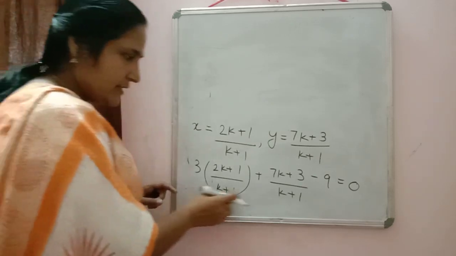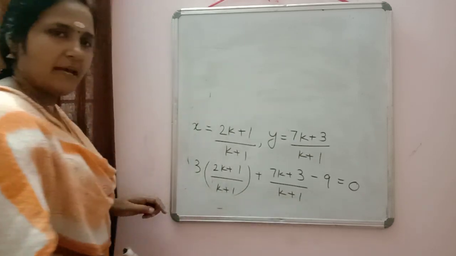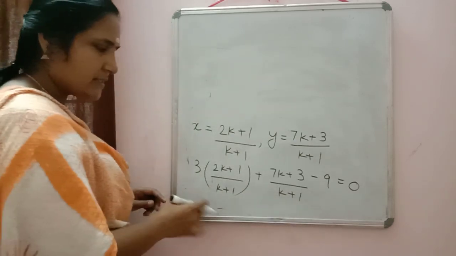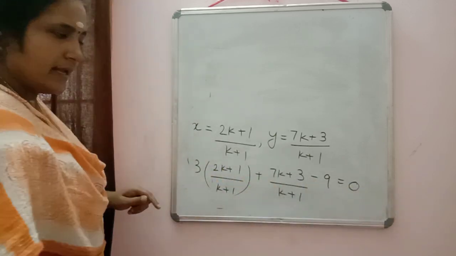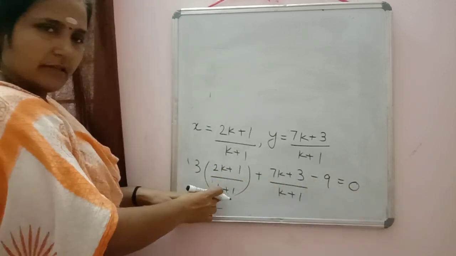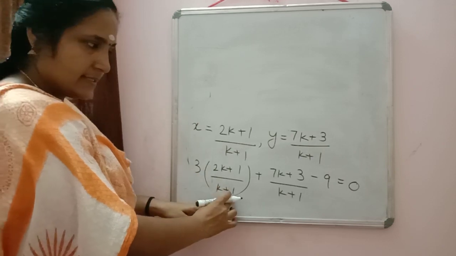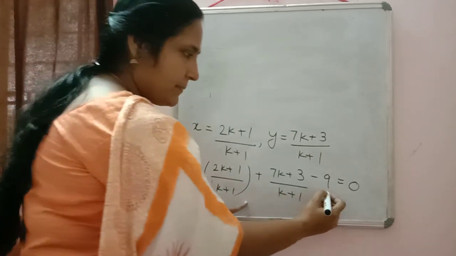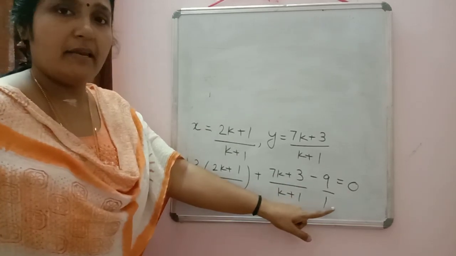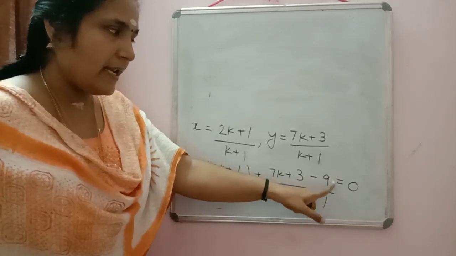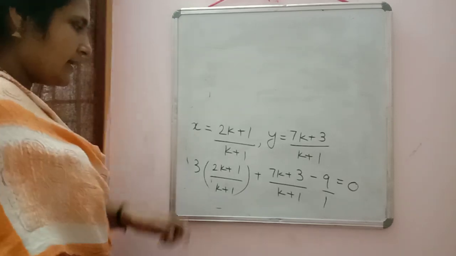Now here we have the denominator k + 1, so working with fractions is difficult for us. So we will multiply the whole equation by k + 1. In the first term k + 1 gets cancelled, in the second term also k + 1 gets cancelled. In the last term we don't have anything to cancel, so 9 gets multiplied by k + 1.